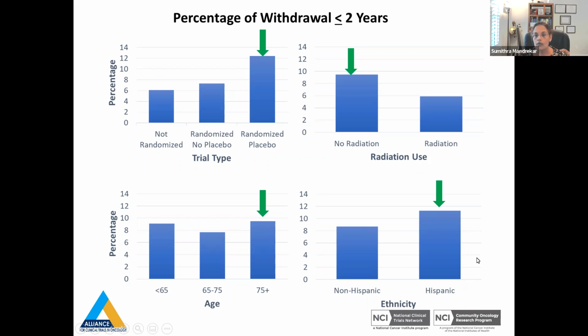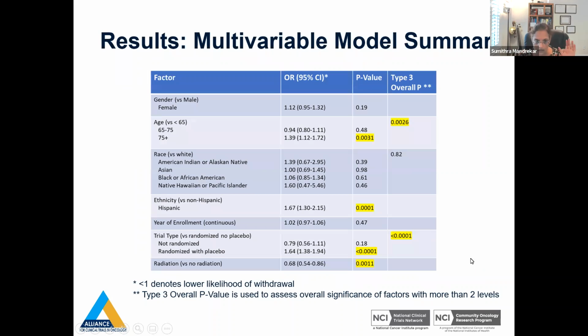Now, we did a lot of looking at cross correlations, and univariable analyses and so on. But then in our final multivariable model, after some clinical selection and some model selection, these are the variables we considered, and you can see age, ethnicity, trial type, and radiation all came out to be significant.